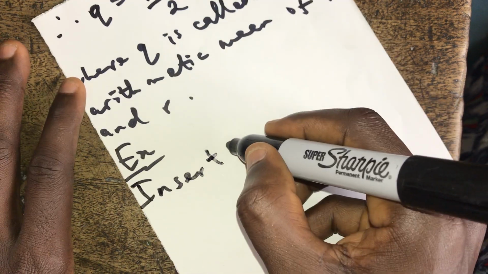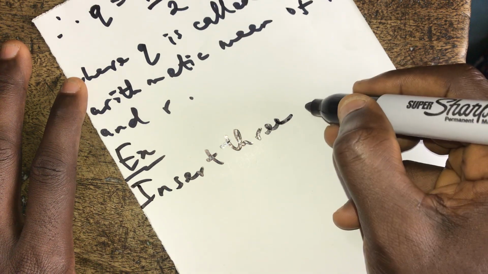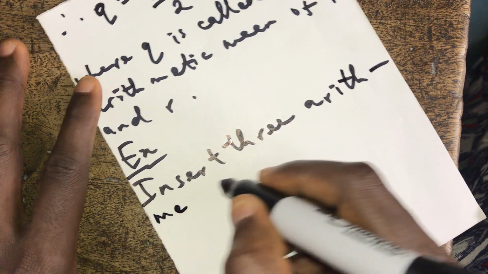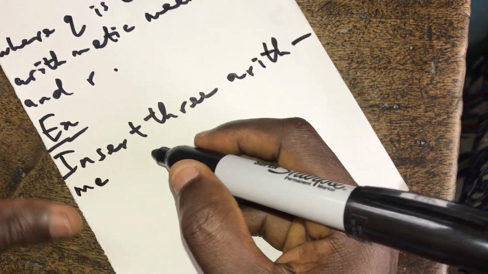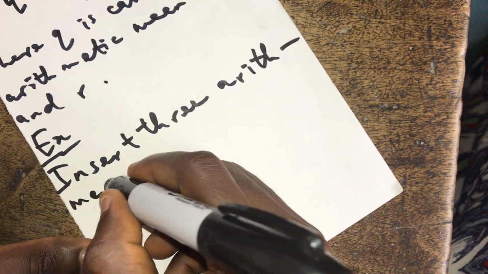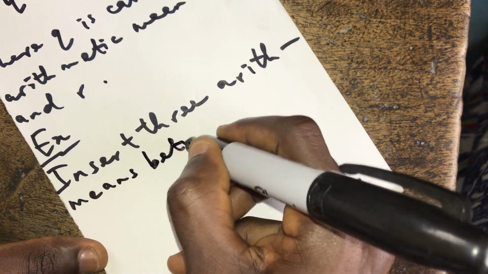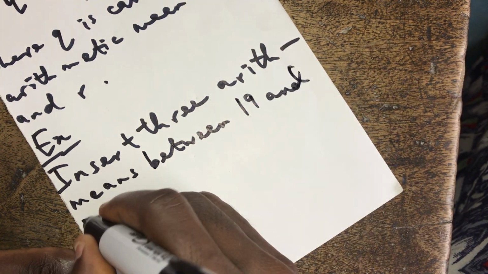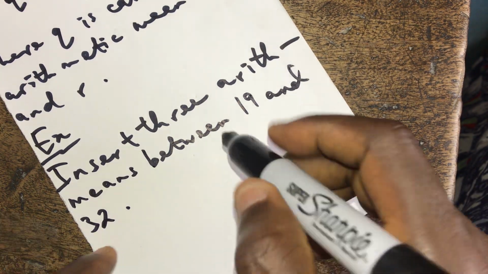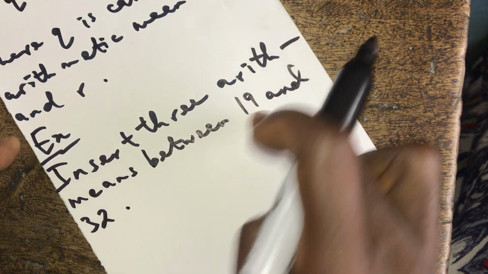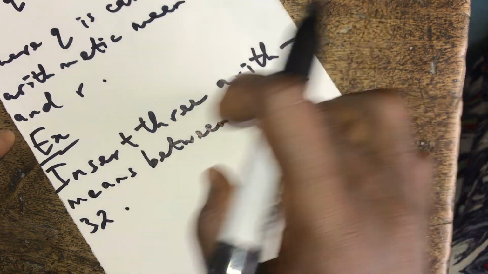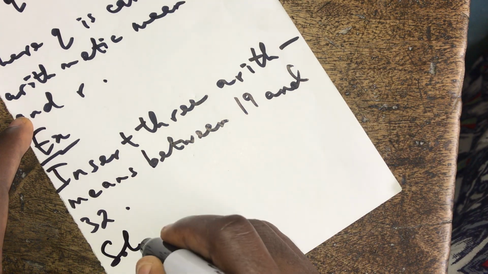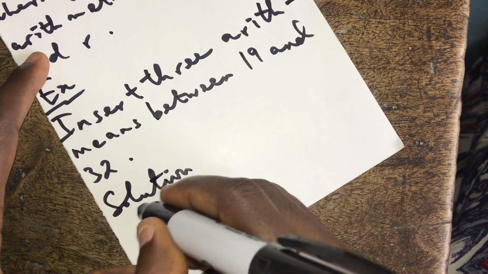This question requires that we put three arithmetic means between 19 and 32. That means we have to put three other terms in the middle of 19 and 32 such that all of the terms are in arithmetic progression. That's quite easy.